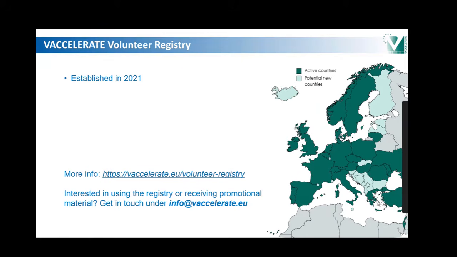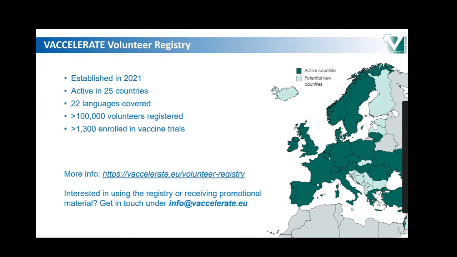People register in this case from over 25 countries, and we provide all the information in 22 languages so that everyone can be approached in their native language, so that they actually understand what this registry is about. Up to today, we have over 100,000 volunteers registered in the registry, with over 1,300 people enrolled in vaccine trials and over 7,000 people enrolled in diagnostic studies.